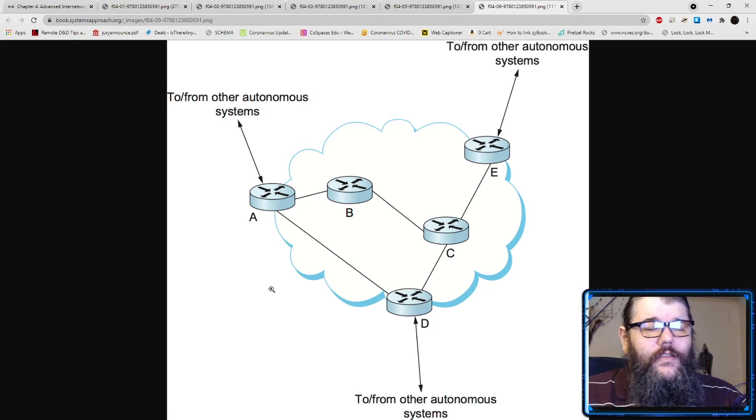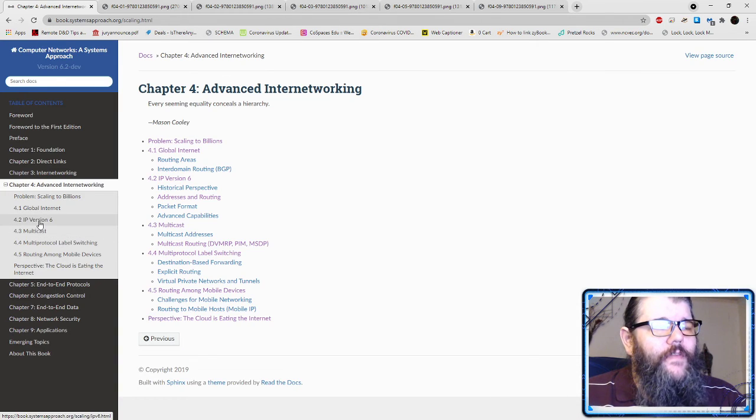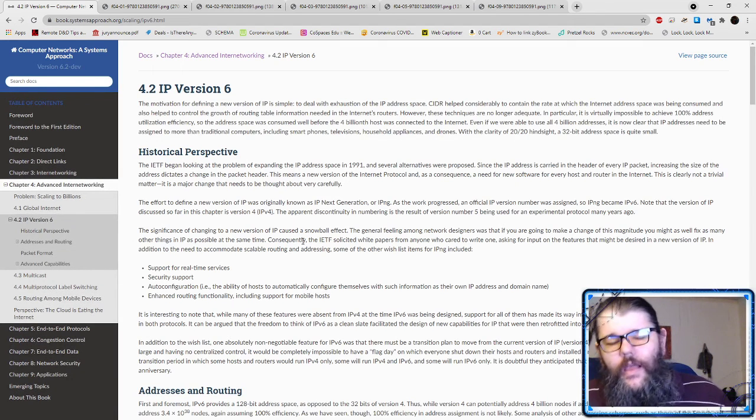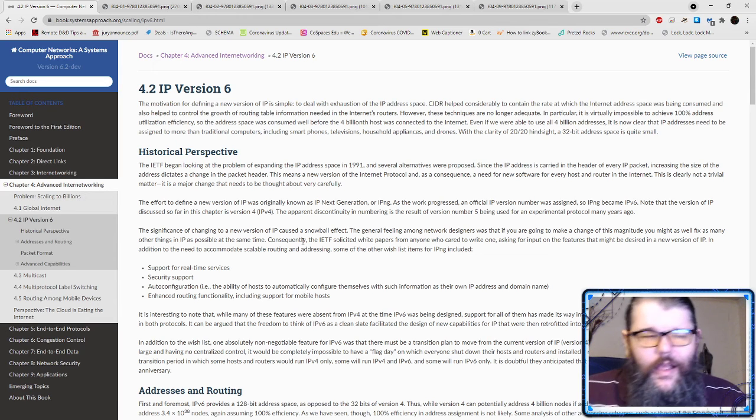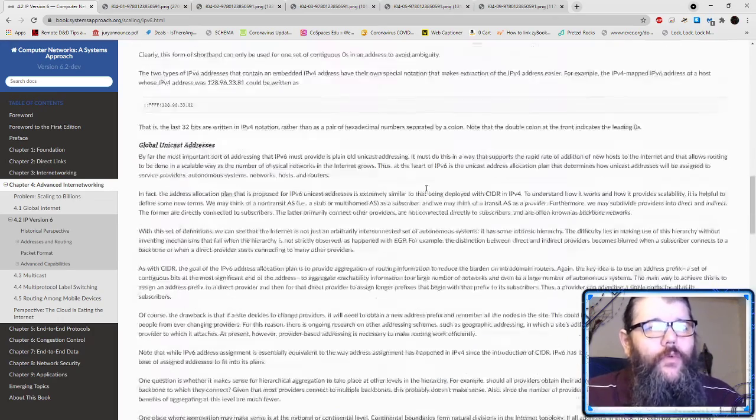That's the gist. I guess one other thing I would like to talk about briefly is IPv6. IPv6 is the upgrade to the IP that we've been using already. And I guess there are three main things that I would like to talk about. One is that the address space is drastically huger, and we did talk about this at one point in time.